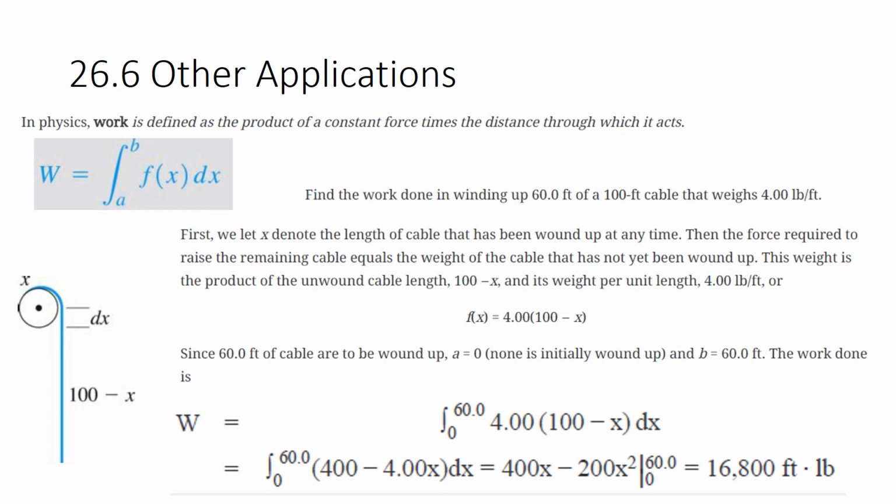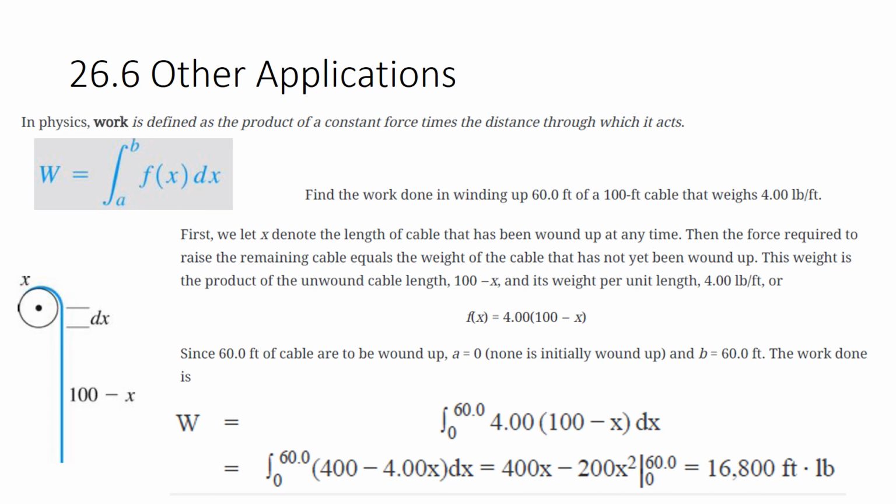And the force required to raise the remaining cable is basically 100 minus x, 100 feet minus however much I've already lifted it, multiplied by the 4 pounds per foot. So the force required to lift the cable is 4 times (100 minus x).